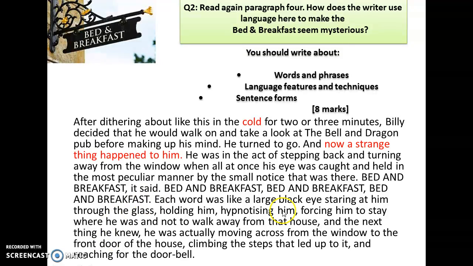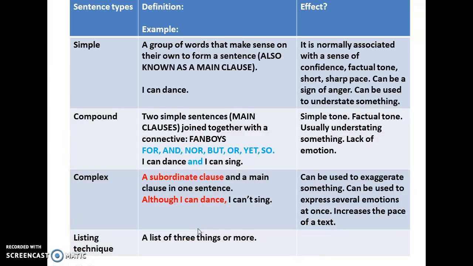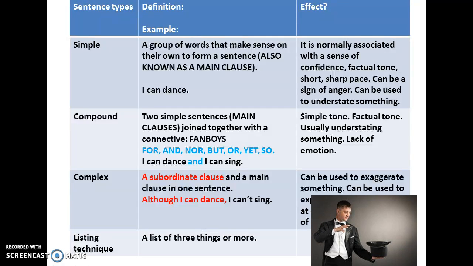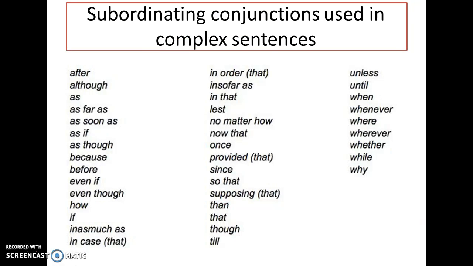So this is quite a complex sentence, and it's using a lot of exaggeration, also known as hyperbole. So you need to always think, what's the effect? How does it affect the reader's feelings? You guys are magicians, after all, now.